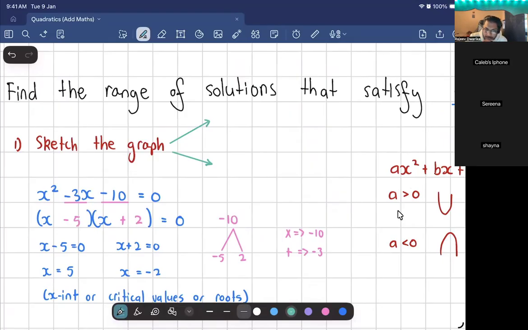I literally just need the x-intercepts, also called the roots, and I will also need to know if it's a maximum or minimum graph. Shayna, it's maximum when A is what? Less than 0. Right? And it's minimum when A is more than 0.